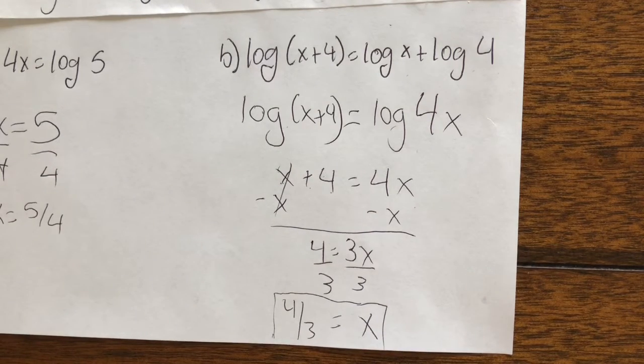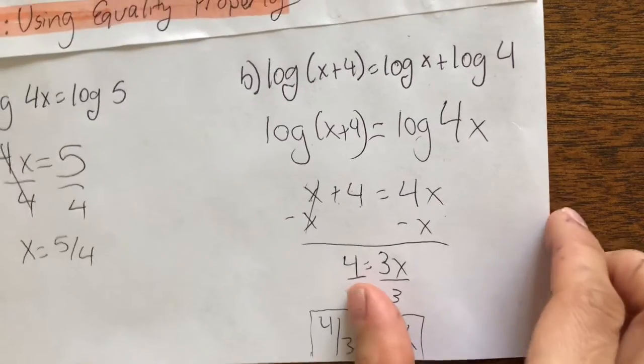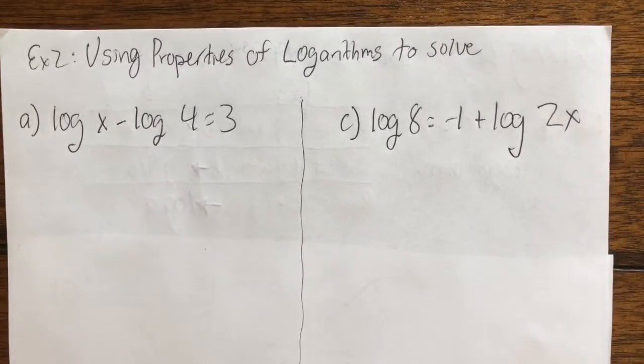All right, so let's take a look at another example where we can't use the equality property, but we can use the other 3 properties of logarithms to solve for part A, part B, and part C. Now for part A, we have log of x minus log of 4 equals 3. It's not possible to use the equality property.